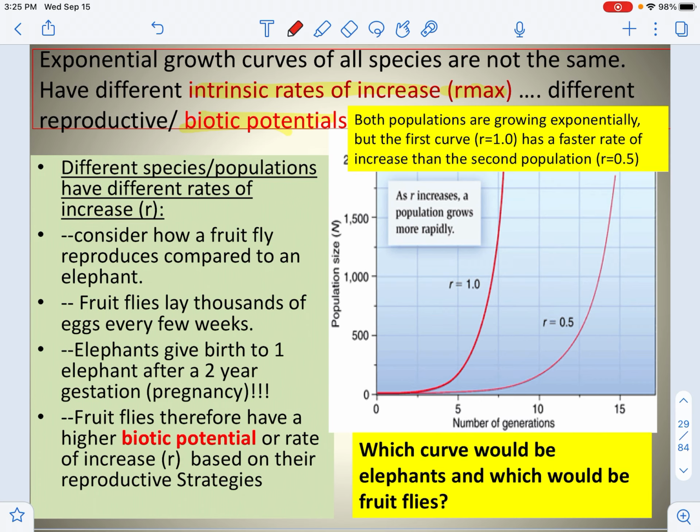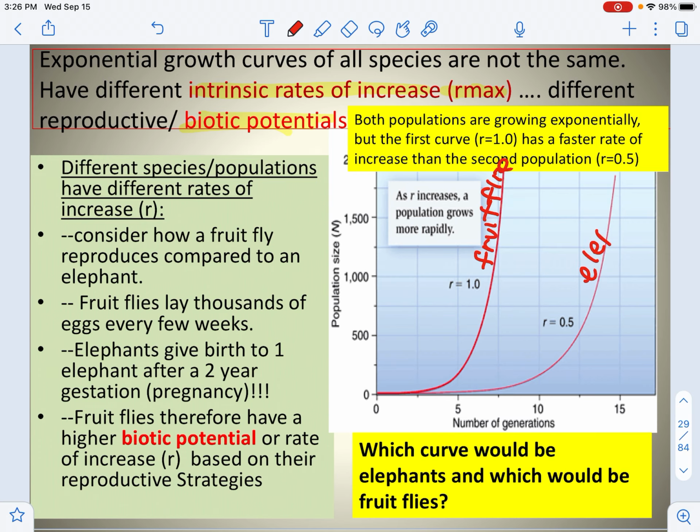So which curve over here would be elephants, and which curve would be fruit flies? You see they're both exponential growth, but one has a higher R, one has a faster rate, just based on how it reproduces. So which one would be the fruit flies and which one would be the elephants? If you want to pause and think about it, you can. But this one would be the fruit flies.